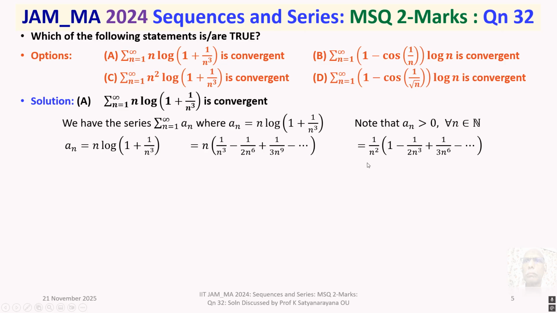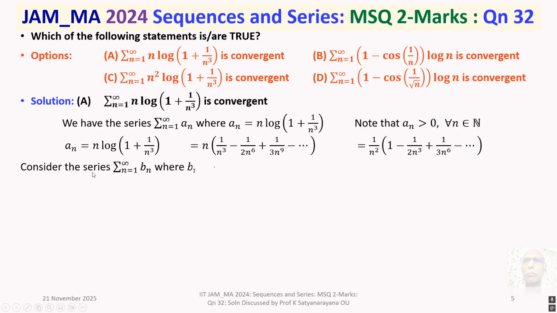Now we take 1 by n cube common and there is already n outside the bracket. n into 1 by n cube is 1 by n square, and after taking 1 by n cube common, we are left with 1 by n square multiplied by (1 minus 1 by 2 n cube plus 1 by 3 n to the power of 6 minus so on and so forth). Now, it suggests us to consider the auxiliary series sigma bn as 1 by n square.